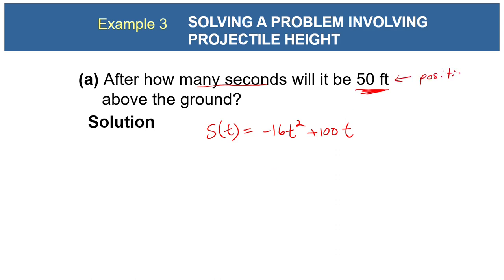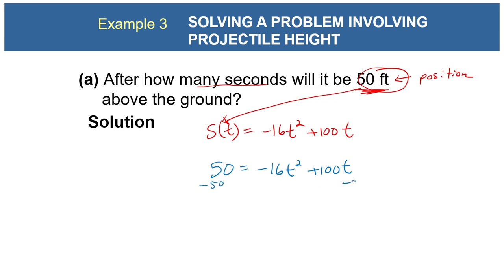So since this is our position, we're going to plug that into our equation here for S of t and solve for the time. We have 50 equals negative 16t squared plus 100t. And I could set this equal to 0 by subtracting 50 from both sides.